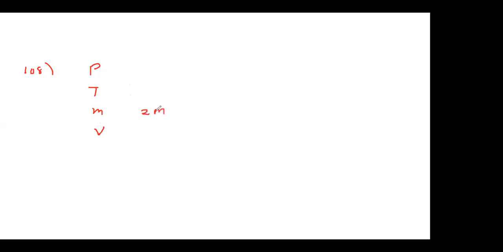So additional mass 2m is introduced. So नया वाला m plus 2m extra into the container, and the volume becomes V by 3. And temperature becomes T by 3. Then pressure becomes how much?